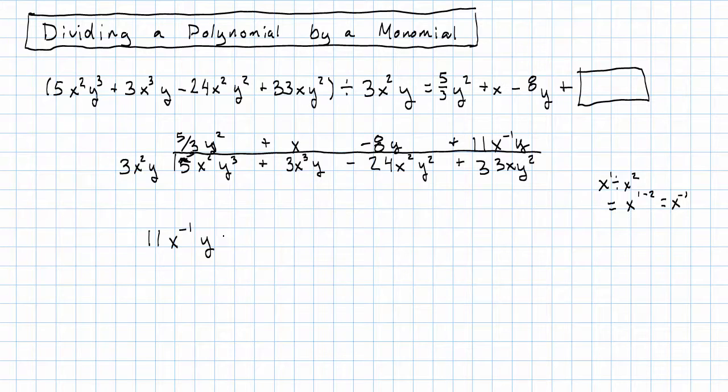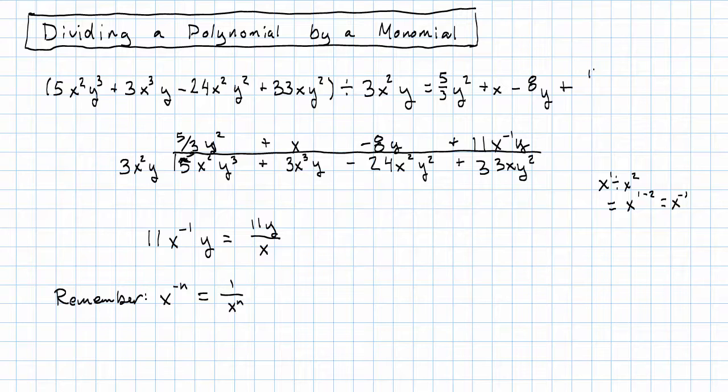Instead of writing the negative exponent, I want to write x in the denominator. Remember, x to the negative n just means 1 over x to the n. So my last term is going to be 11y over x.